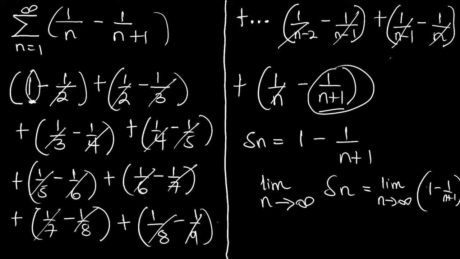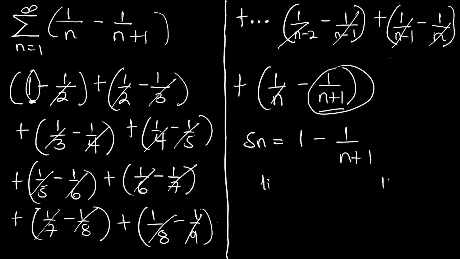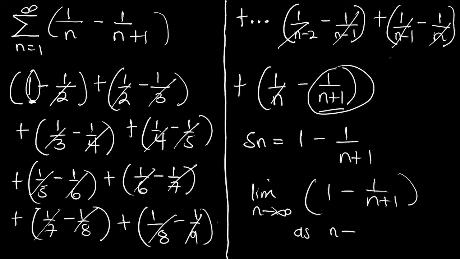Let me write it well over here. We're going to have limit as n approaches infinity of the partial sum, which is 1 minus 1 over n plus 1. So as n approaches what? Infinity. 1 over n plus 1 will approach what? 0, because we have 1 over a very large value plus 1. So 1 being divided by this value, we are going to have 0.